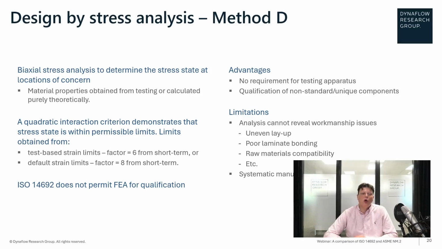So, for example, in an oriented fiber, the ASME NM.2 recognizes 2% strain to be failure. So in this case, 0.25% strain would be the allowable.